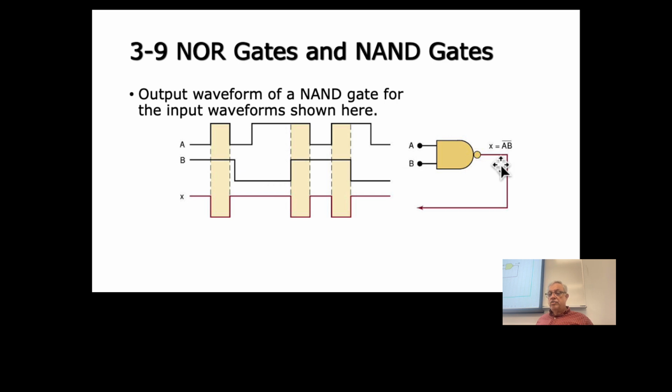So when do I get a 0 out? Only when both of them are 1s. So I look across here. These are both 1s. Don't have both 1s here, but when both of these are 1s, then my output goes to 0. This whole stretch, this is a 1, but this is a 0, so it's a 1 out.